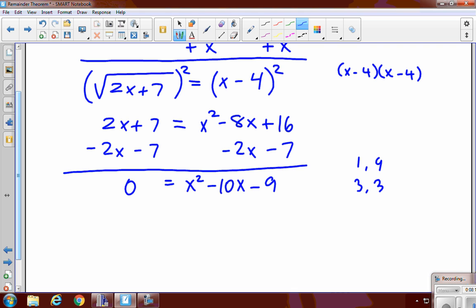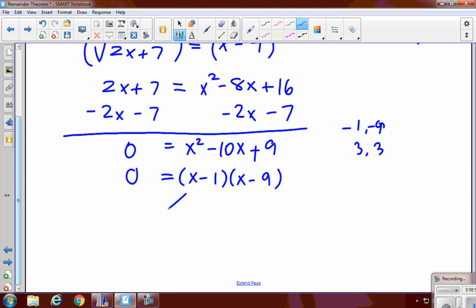To multiply to a positive 9 and add to negative 10, both have to be negative. If I made this a negative 1 and a negative 9, this would add up to the negative 10 in the middle. So my factors are x minus 1, x minus 9 equaling 0.